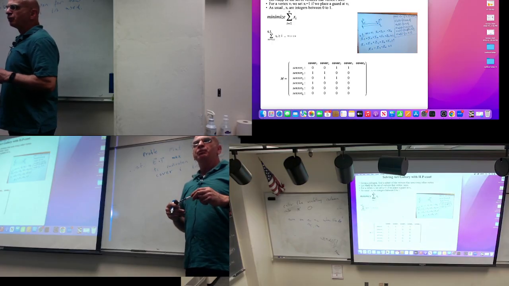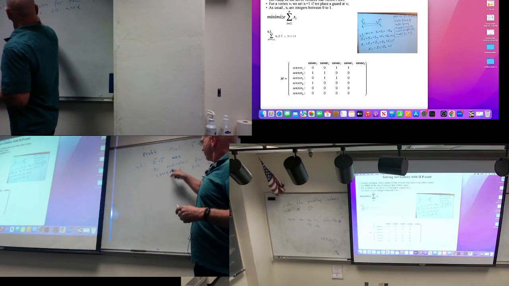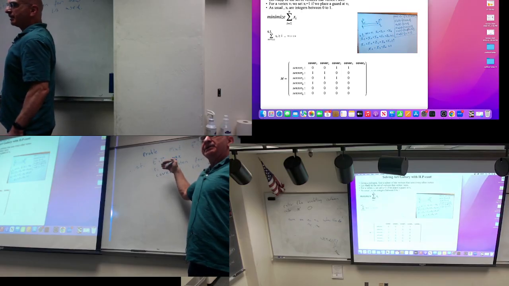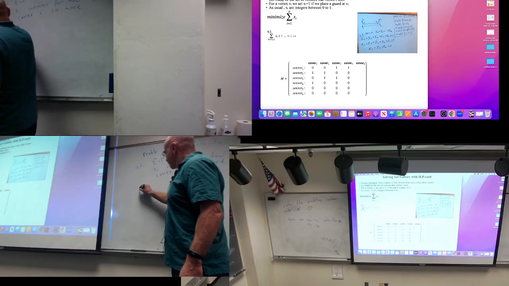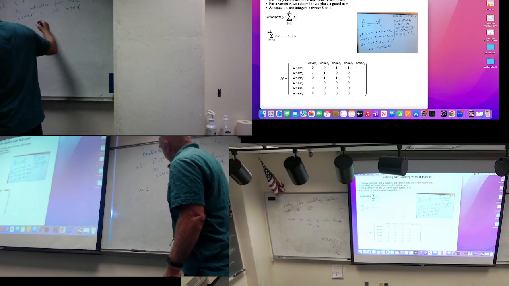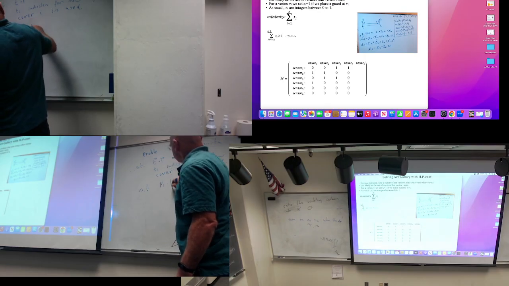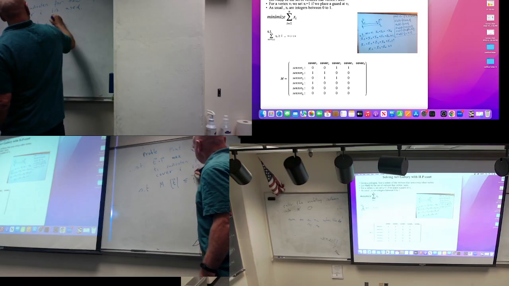So I want to maximize t times 1, the total sum that is covered, subject to this matrix M with all the covers times the vector t being smaller or equal to the vector 1.